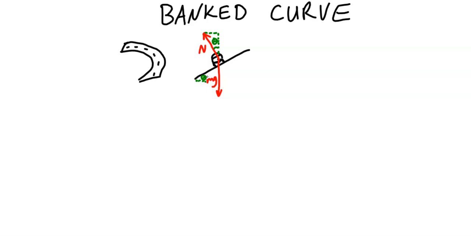And the other thing to realize is that n cosine of theta is going to have to balance in the vertical direction. So n cosine of theta is going to be equal to mg, because you're not sliding down or up the banked curve.